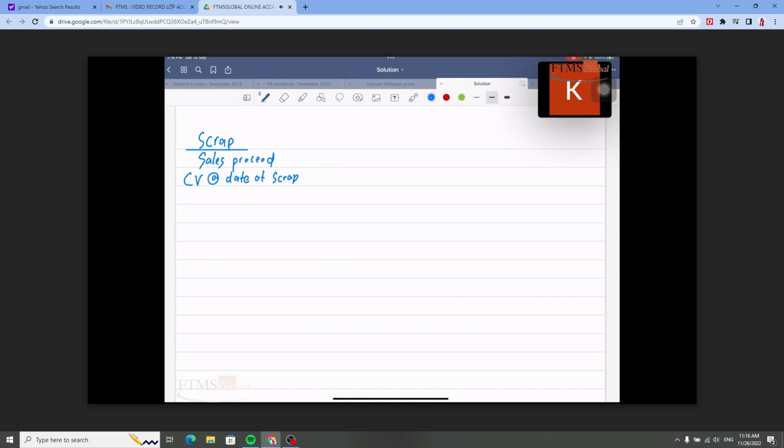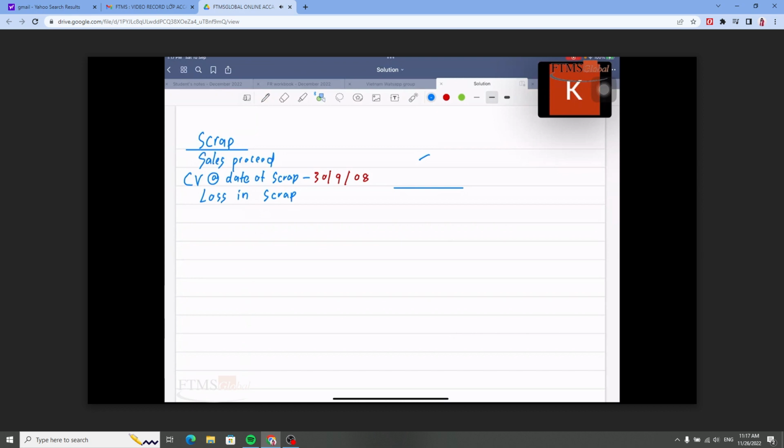The day of happening day, of course, is your 30th September 08. Sorry, first 30th September 08, apology, not 09. Okay, so scrap, nothing. So you just need to calculate this carrying value at your scrap. Then, of course, the answer that we want is this called loss in scrap. So we want this number.